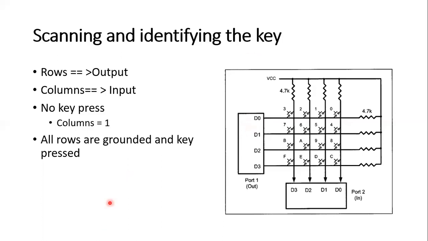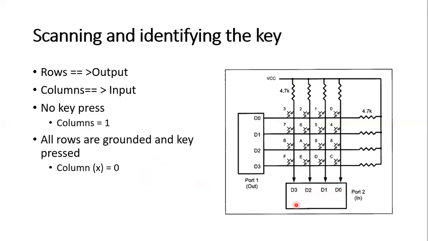Very good. So when all the rows are grounded and a key is pressed, you have to understand that the key press makes the connection between the rows and columns. So when all the rows are grounded and a key is pressed, the corresponding column will have the value 0.